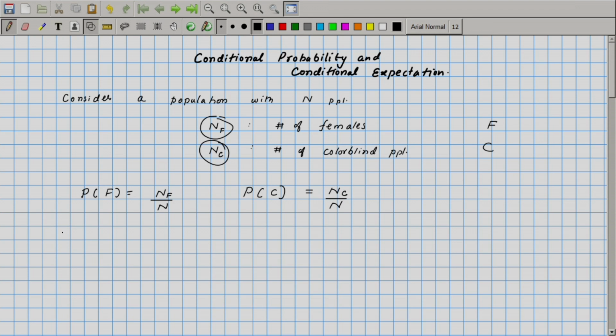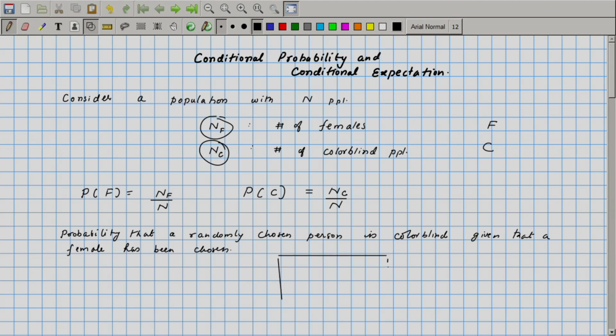So, we are interested in the probability that a randomly chosen person is color blind given that a female has been chosen. Okay, so, someone has made a choice and it has been told to you that the person who was picked was a female. Now, you are asked what is the probability that the person is color blind.